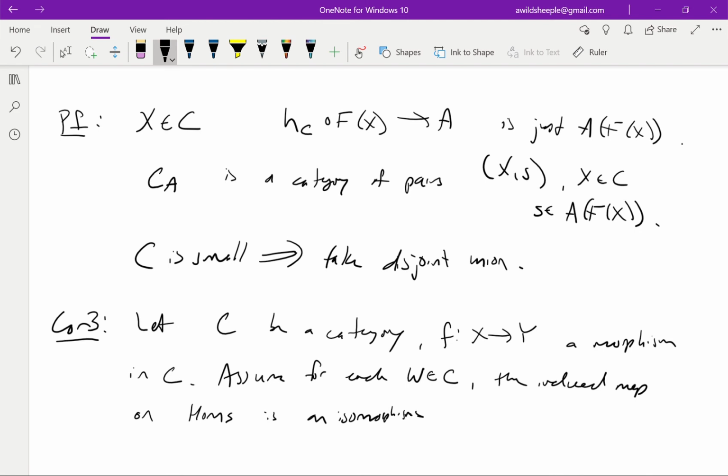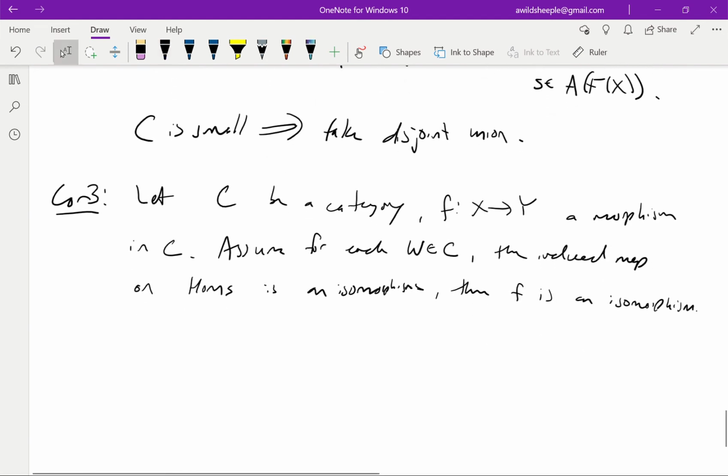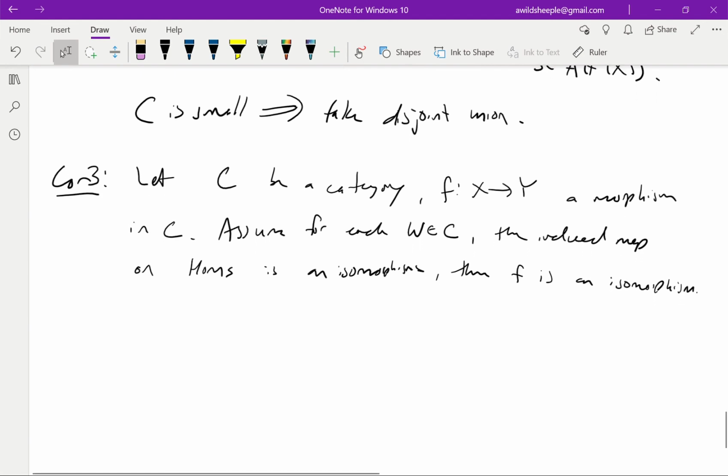Then in this situation, f is an isomorphism. And we sort of bumped into these ideas when we were talking about monos and epis, but we had some concerns about what would happen with isomorphisms. And now this corollary tells us what happens, but we need the Yoneda lemma. So let's say how this works.